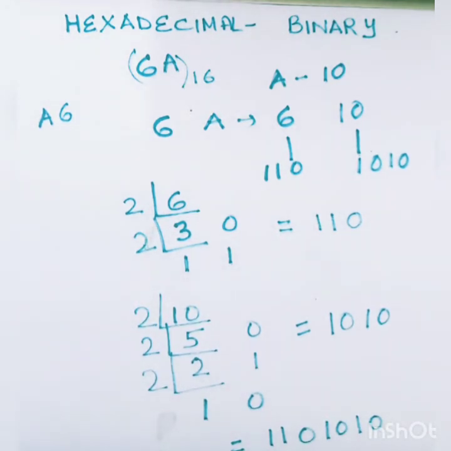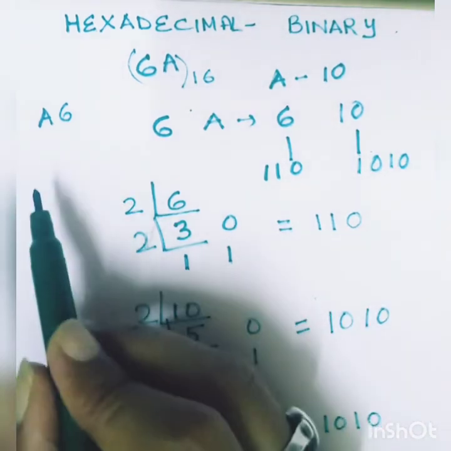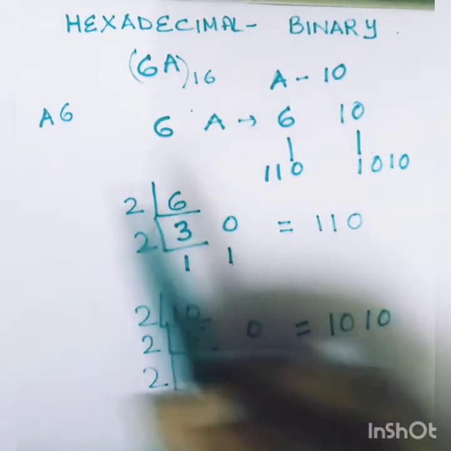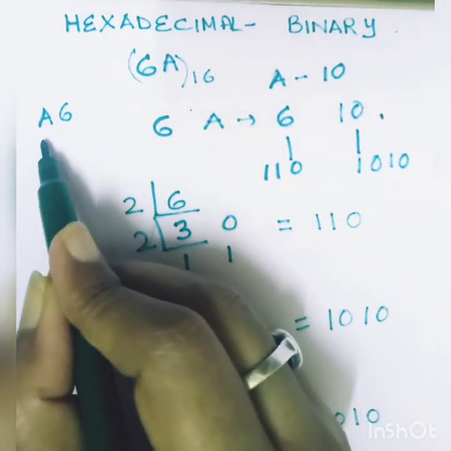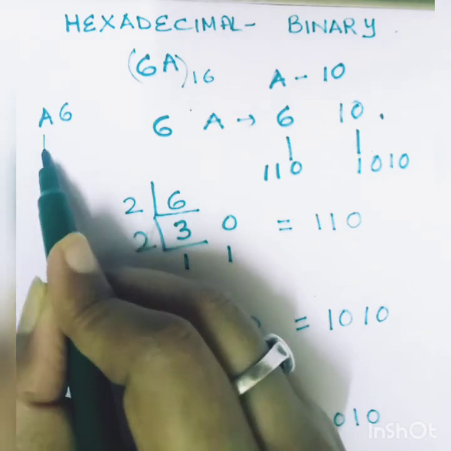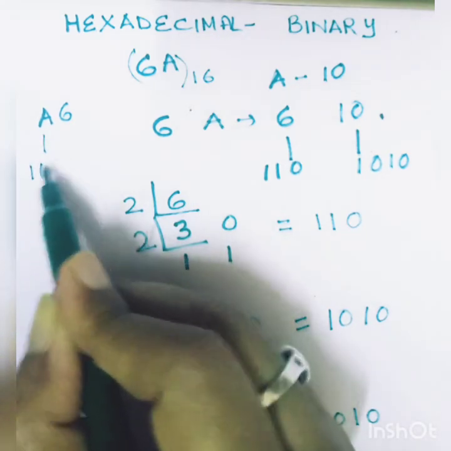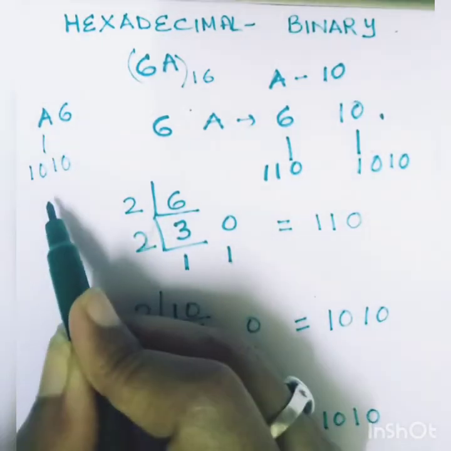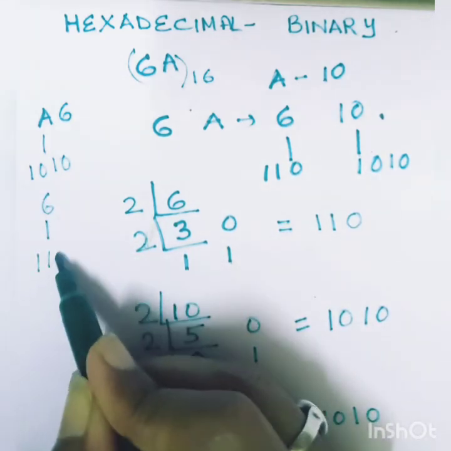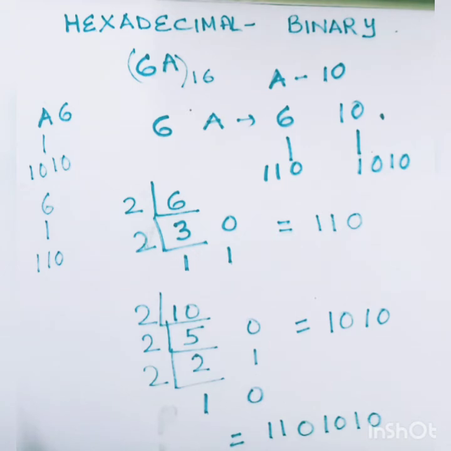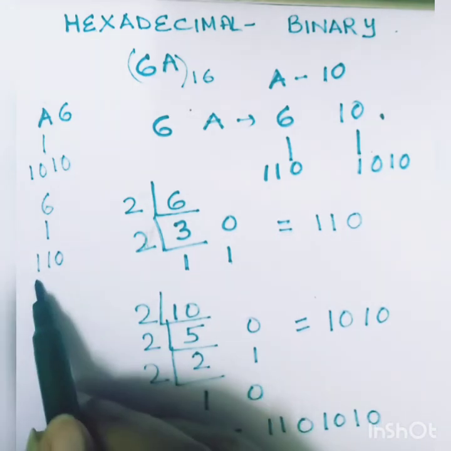That means it's the opposite. Right? So what is A? A is 10. So A is 1010 and 6 is 110. Right?